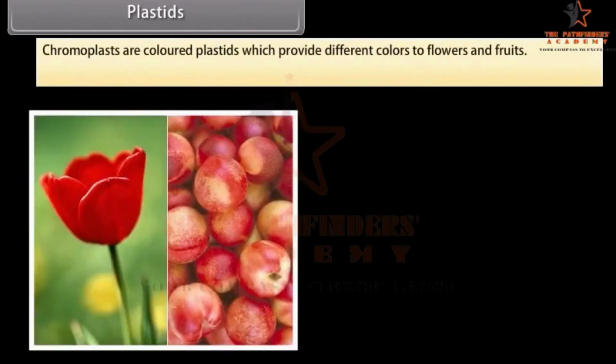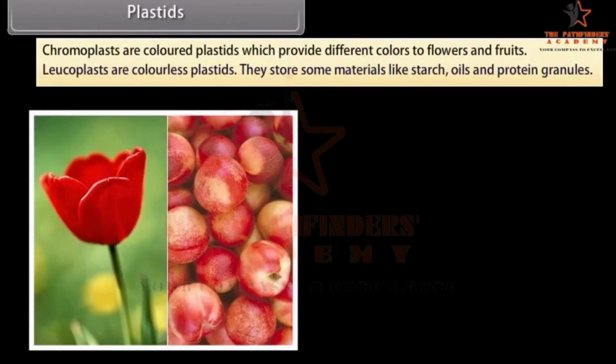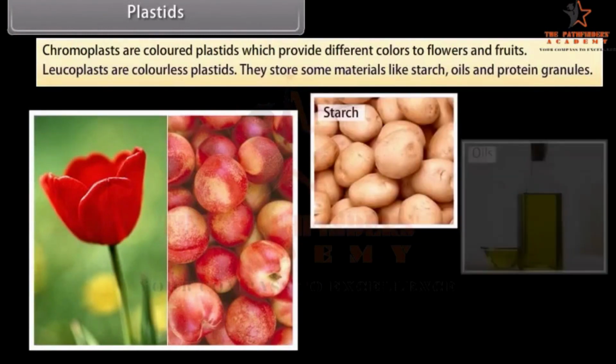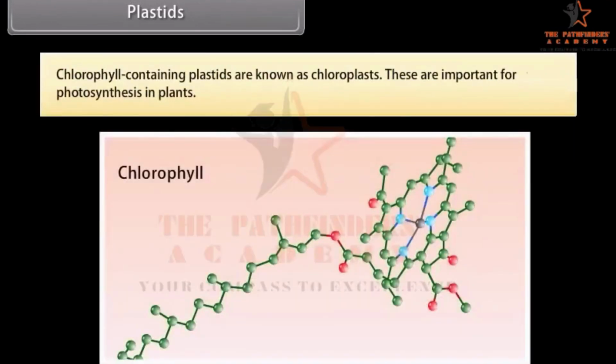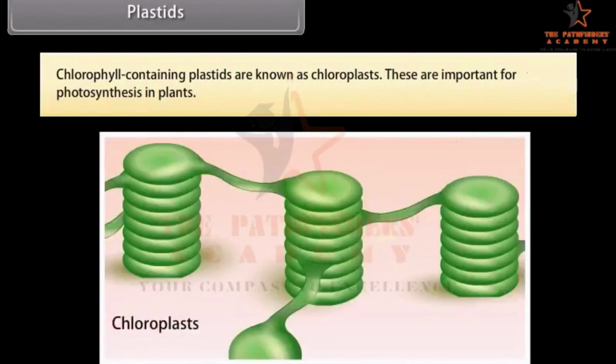Chromoplasts are colored plastids which provide different colors to flowers and fruits. Leucoplasts are colorless plastids. They store materials like starch, oils, and protein granules. Chlorophyll-containing plastids are known as chloroplasts. These are important for photosynthesis in plants.